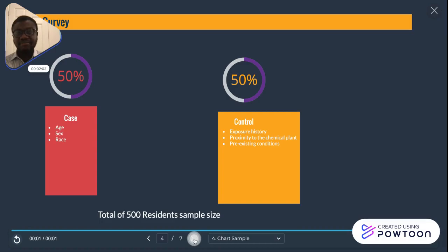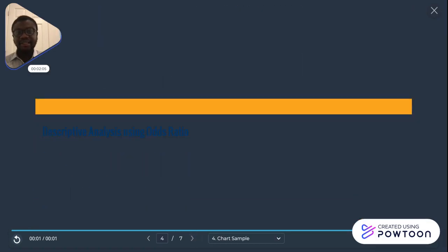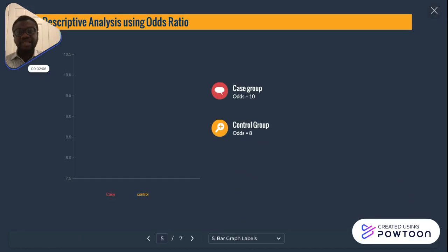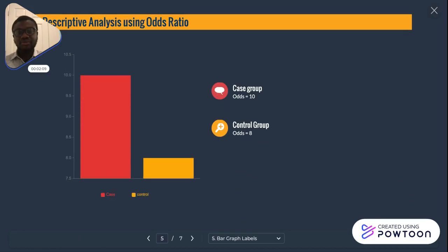Once all of this survey was done and data collected, a descriptive analysis using odds ratio was used to determine the odds ratio of the number of residents that had the illness and the number of residents that were not affected at all.